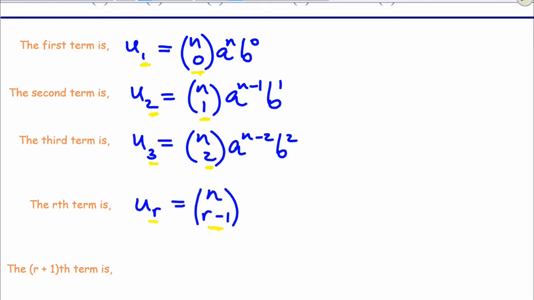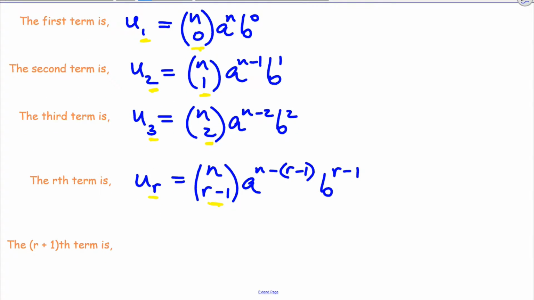And then of course the power of a will be a^(n - (r - 1)), and then b to the power of r minus 1. That's the pattern from the previous terms.